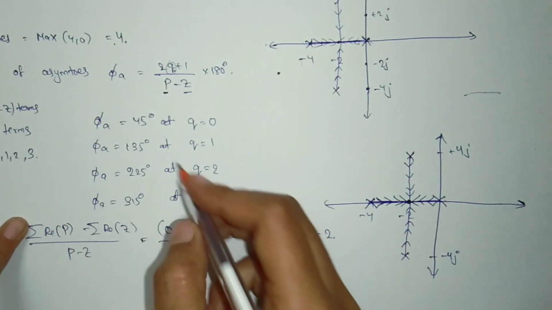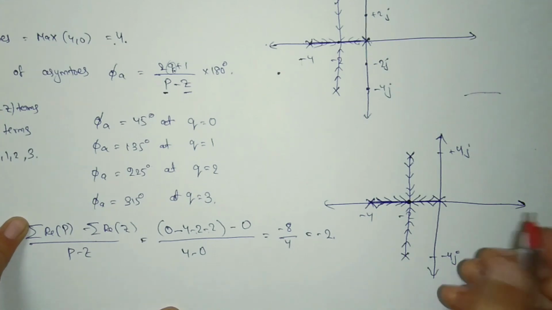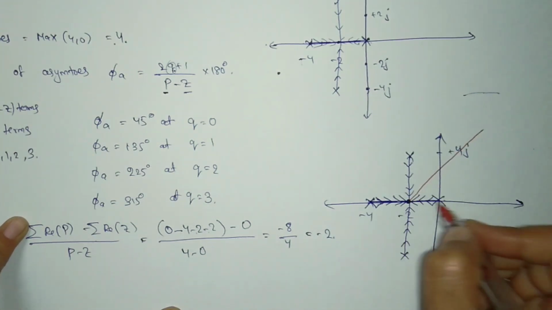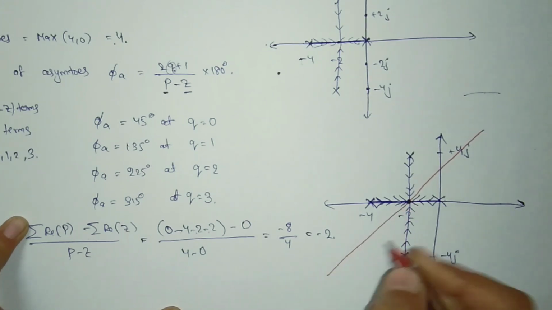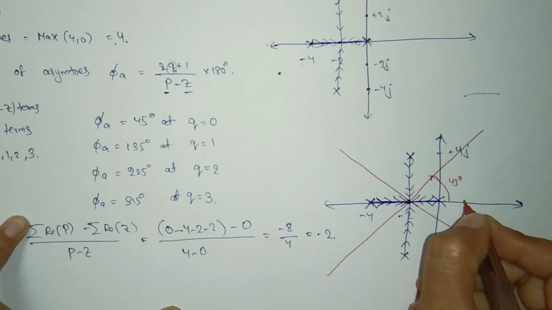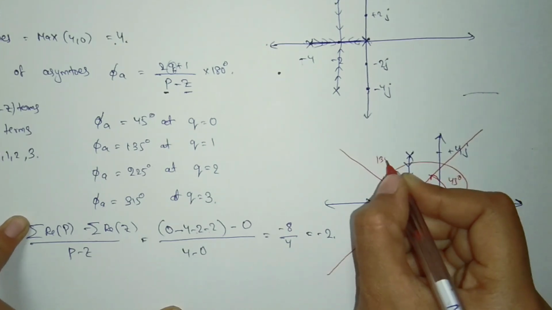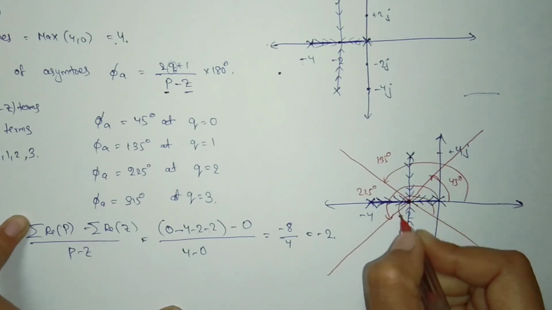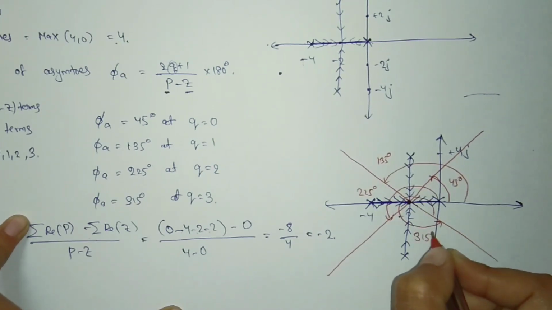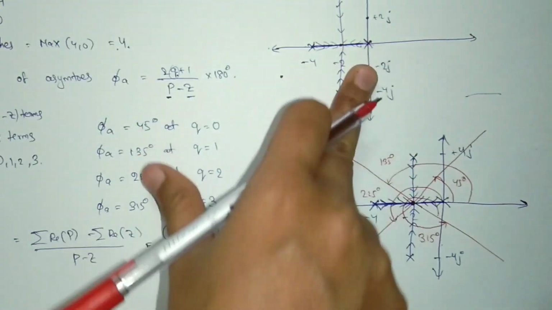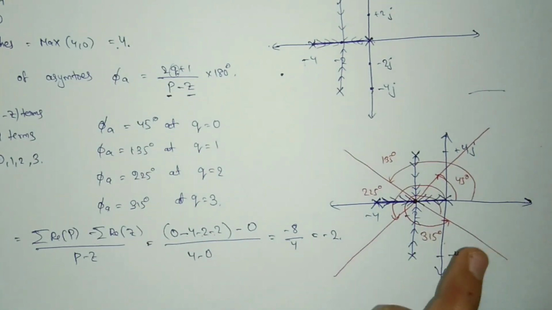And to draw the angle of asymptotes, we will just take the mid angle between 90 degrees. Again we will extend it like this. So this is 45, this is 135, this is 225, and from here we take it 315 degrees. So this is the expected waveform for the first step, and this is the expected waveform for the second step.